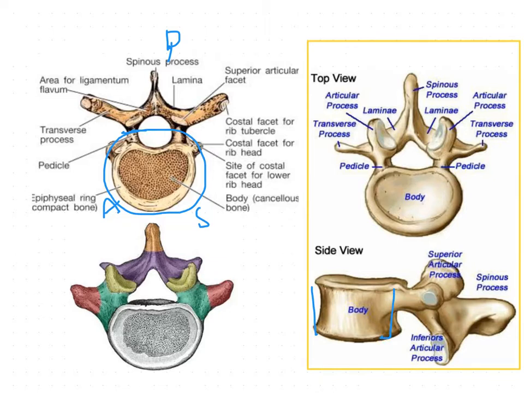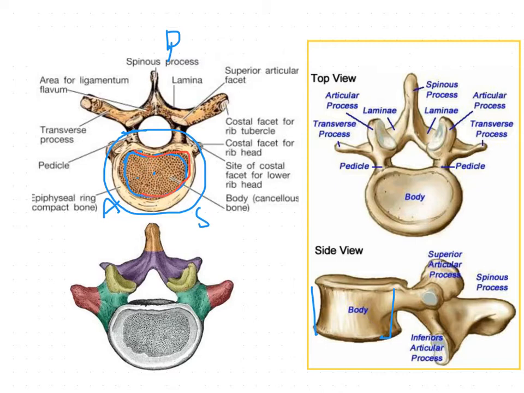and the vertebral body is composed of a block of trabecular or spongy bone at the center. Here you can see the spongy bone, or trabecular bone, present at the center, and this is covered by a layer of cortical bone.